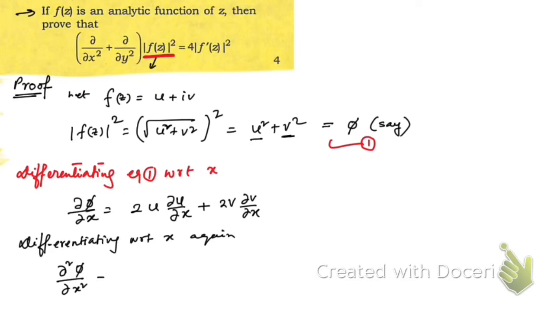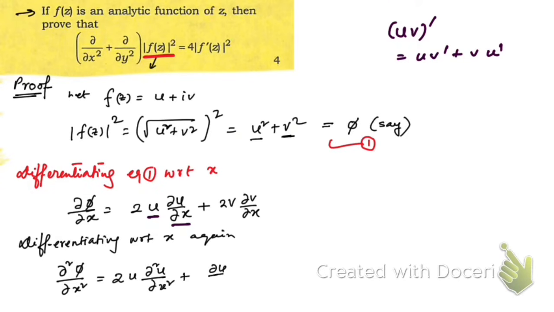We apply the product rule: for u v, the derivative is the first function times the derivative of the second plus the second function times the derivative of the first. So we get u times the second order derivative of u, plus del u by del x whole square.